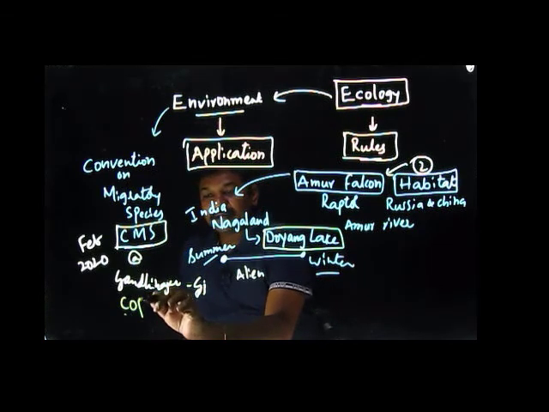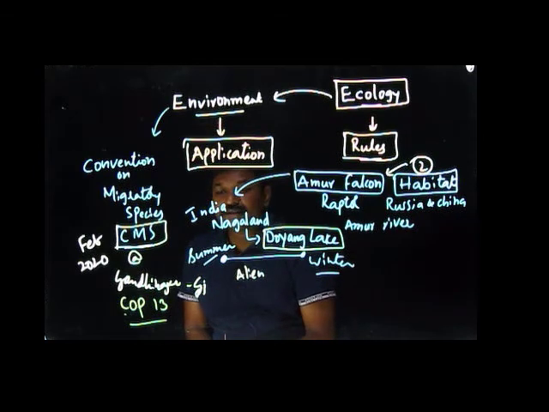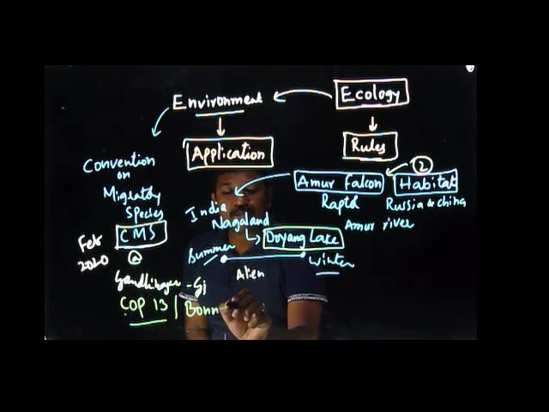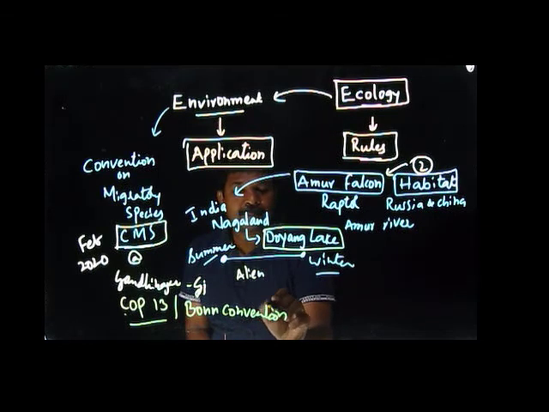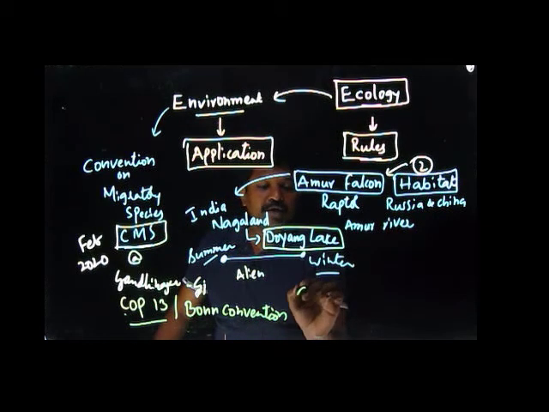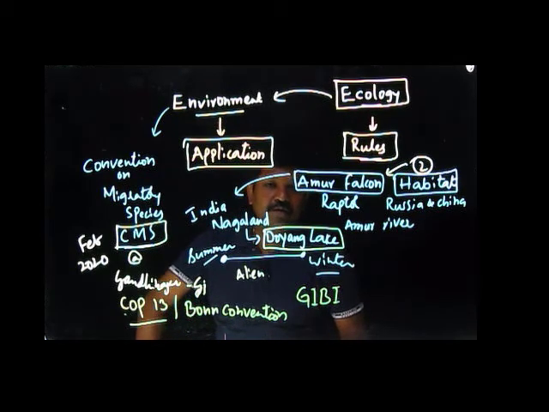The name of that summit and the number of this conference is COP13, and CMS is popularly called the Bonn Convention, and the logo is the GIB, the Great Indian Bustard of India.